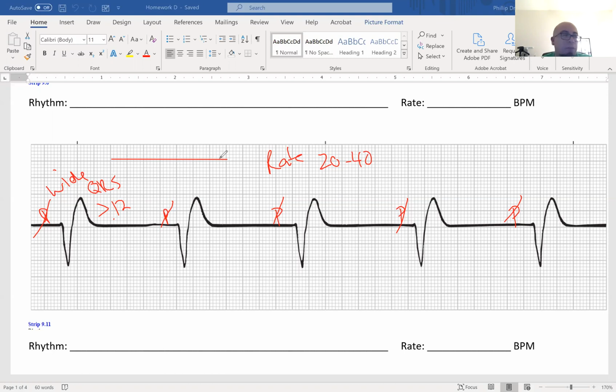Divide that into 1,500. It's pretty low. So we're going to call this a ventricular escape rhythm. And then you calculate your rate, whatever it is. I don't know, probably like 36. Who knows? I didn't do the math. All right.